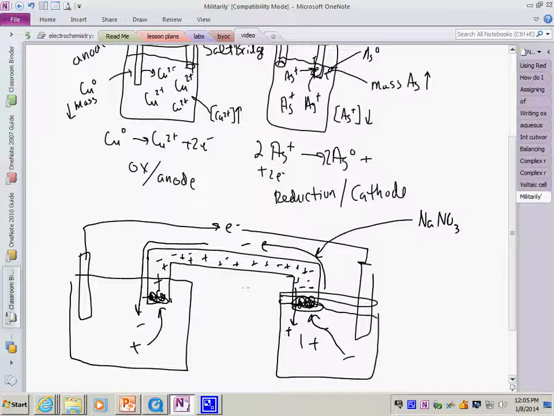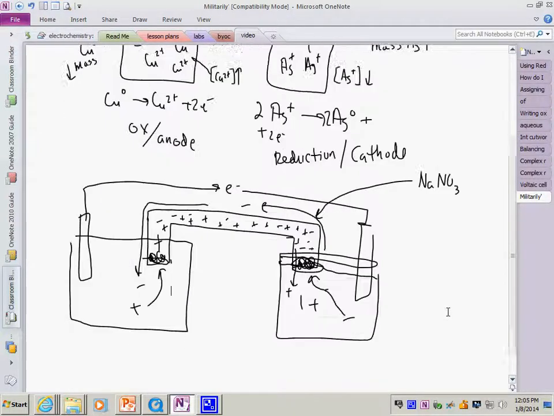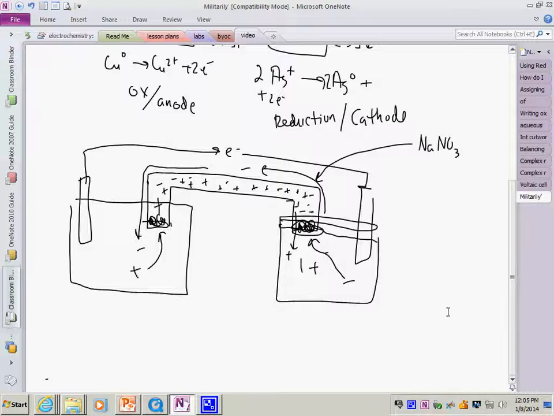The only reason we need this salt bridge is to make sure the charge between these two is balanced. We cannot have one side negative and one side positive, even though electrons are flowing towards one side.